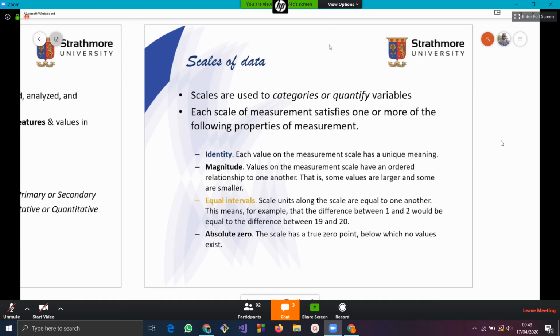Property number 1 is that the scale has an identity. This just means that every measurement is unique from another measurement. We are going to see an example. A scale also has a magnitude, the difference between values, which is called equal intervals, and then there's something called an absolute zero. Those are the properties of a scale.